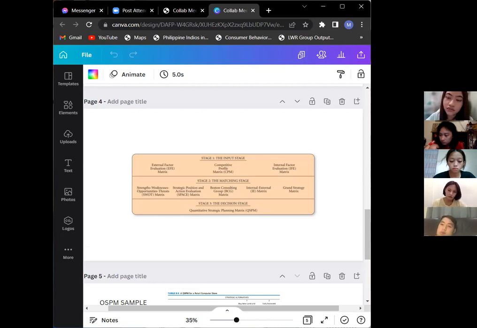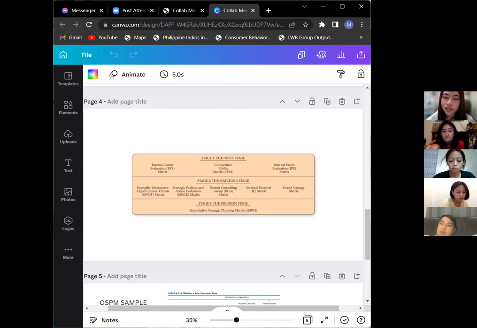That is the EFE matrix, IFE matrix, and CPM that comprise stage 1, coupled with the SWOT matrix, BASE matrix, BCG matrix, IE matrix, and grand strategy matrix that comprise stage 2, which we are currently working on. These provide the needed information for setting up the QSPM.